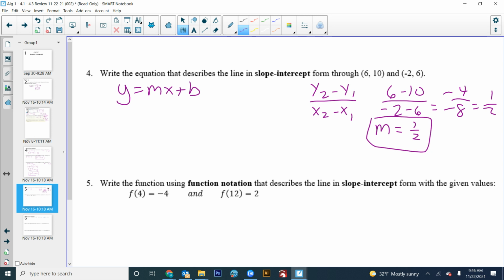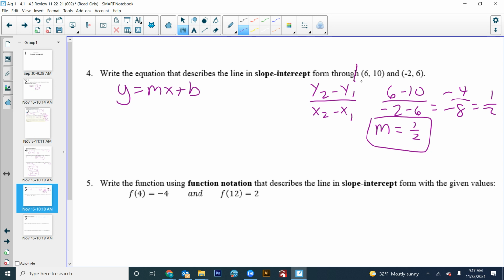All right, now, here's the most important part. Please listen. It does not matter which point you pick. You could pick (6, 10) or (-2, 6). It doesn't matter. Now, I would pick the positive ones because I don't have to mess with changing it to plus. So let's just all pick this.